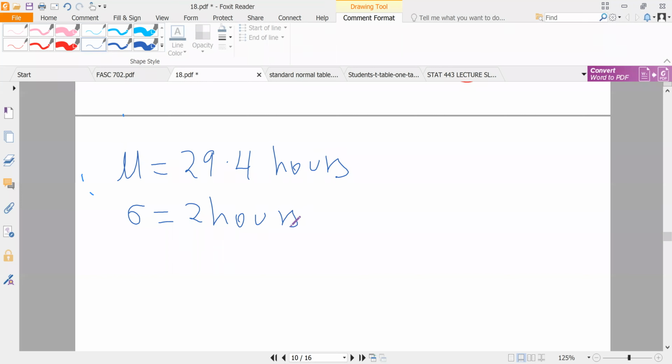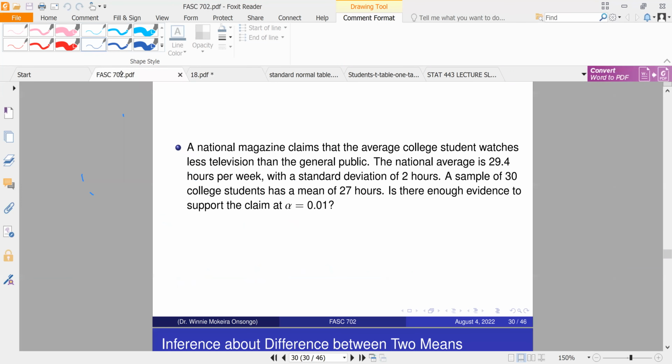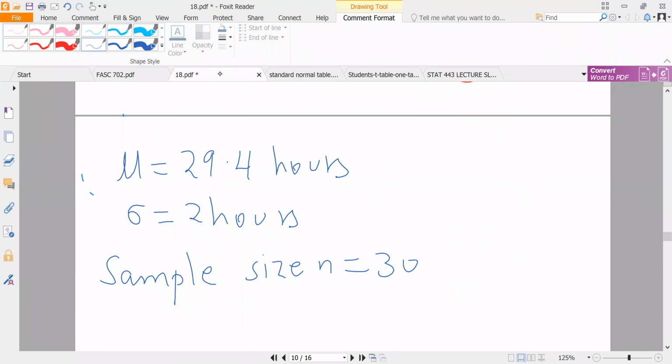Now we are told that a sample of 30 students is picked. So our sample size N is equal to 30 students. And from this sample, they found that the average time they spend to watch television is 27 hours. So we can say that there is a sample mean of 27 hours.